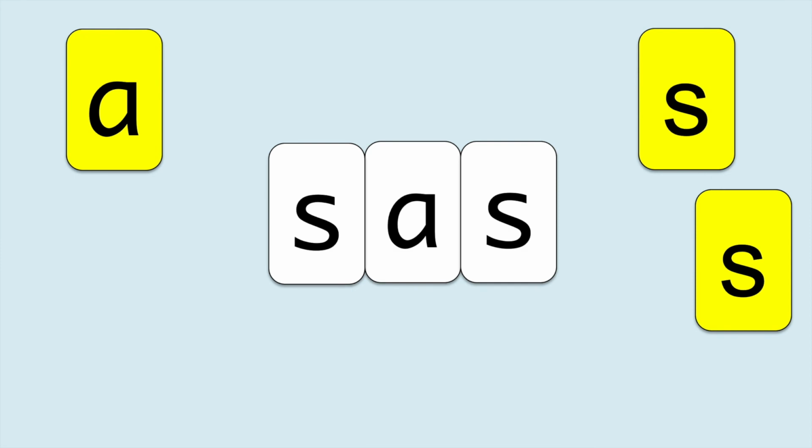And there's the answer. Now, if that was a whole word on its own, we would have to say saz, because the s is just one s alone on the end. We don't know if this is part of another word or if it's a word, so we can say sass.